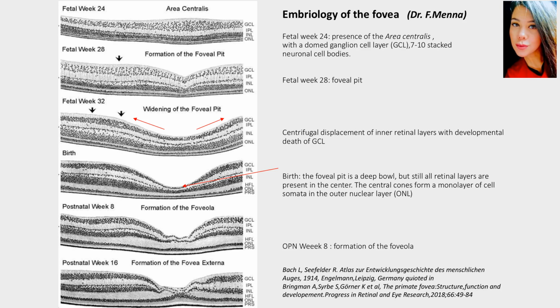At 28th fetal week there is the presence of the foveal pit. By centrifugal displacement of the inner retinal layers, which increases the transparency of the central foveal tissue, the primate fovea improves the quality of the image received by the central photoreceptors.